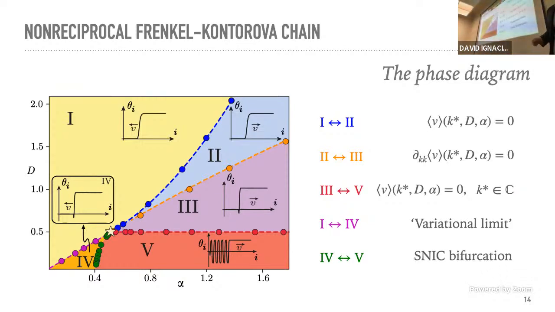For a special combination of the parameters, you go to region 3, which is really similar to region 2. The only difference is that now the front has an oscillatory tail that leaves a pattern behind. Okay. Later, you have also region 5, in which this oscillatory tail and the front also reverse their velocity, and now this pattern will propagate over all the system.